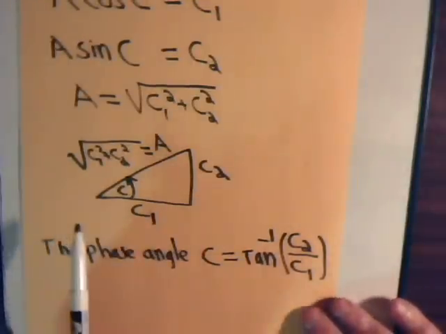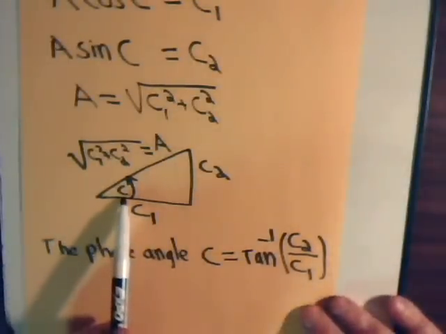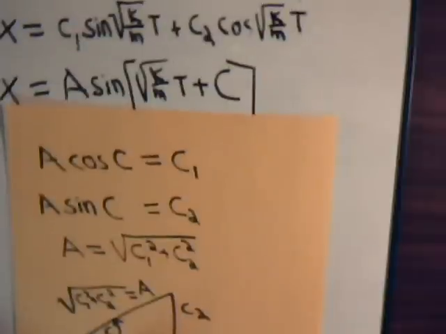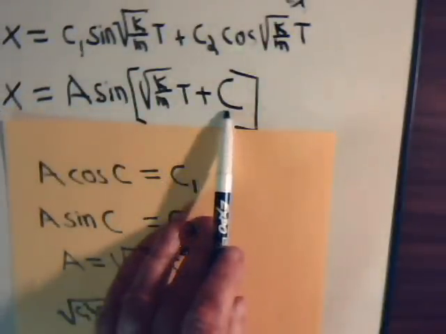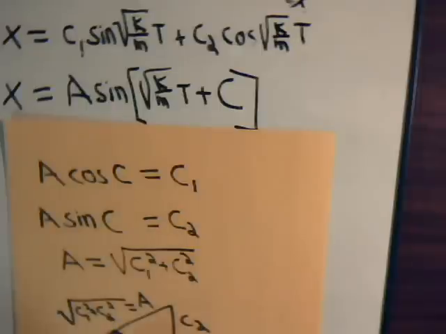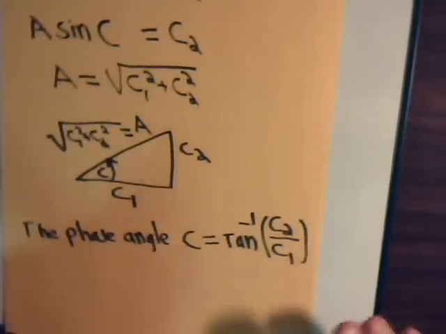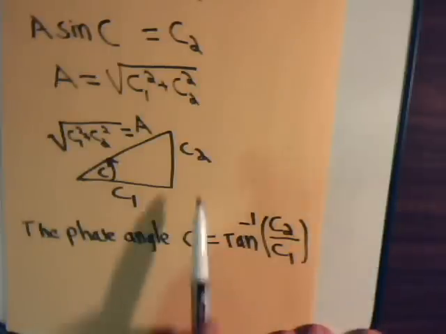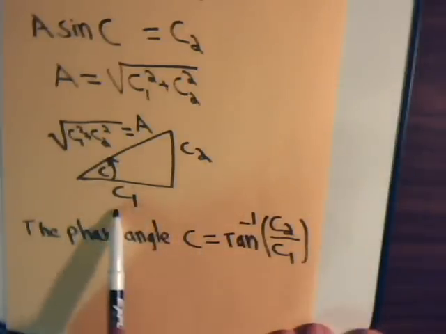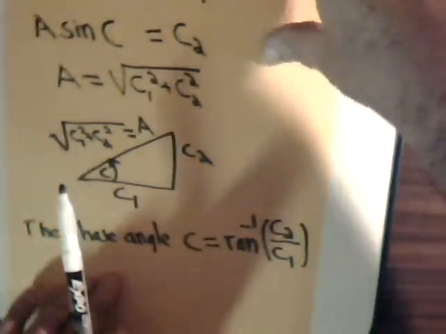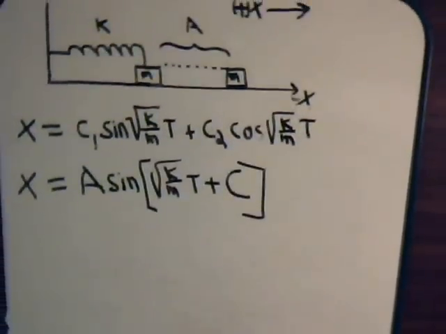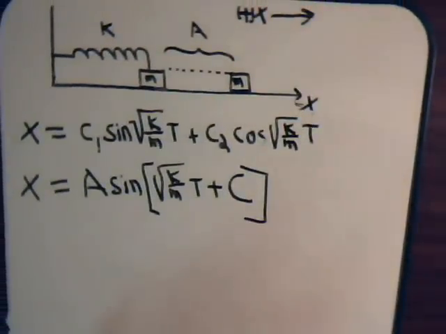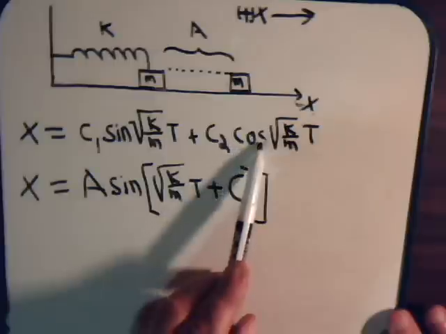So that means, remember before we said in the previous video that C was an arbitrary phase angle. You can see it coming into play right here. We can say that phase angle is equal to the inverse tangent of C2 divided by C1. So when we solve Newton's equation, we get the second order differential equation, and we get it in this form.